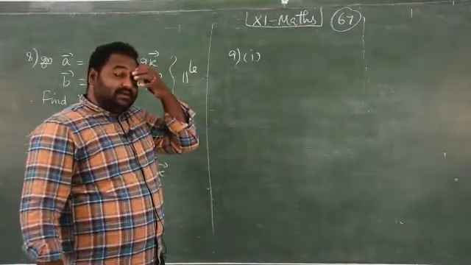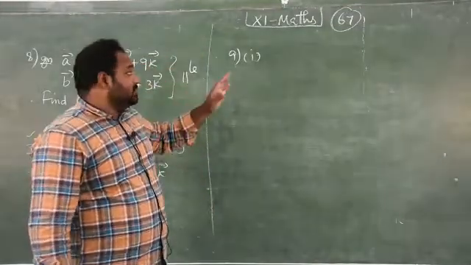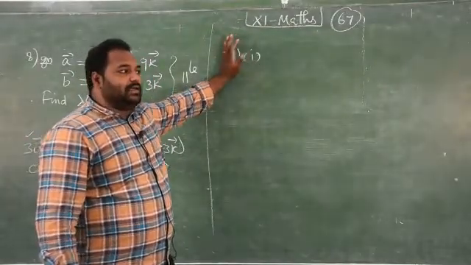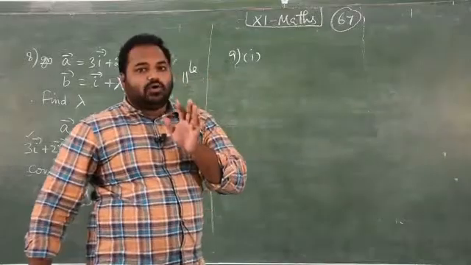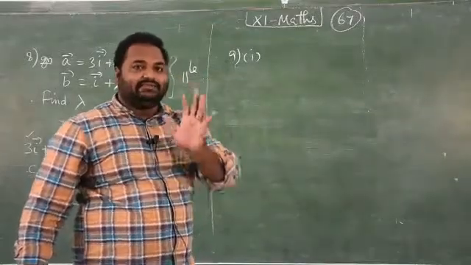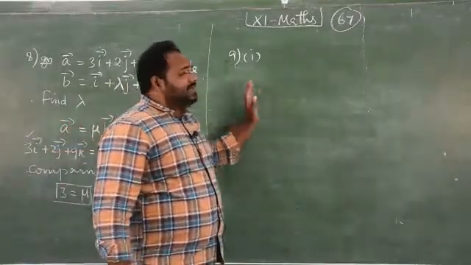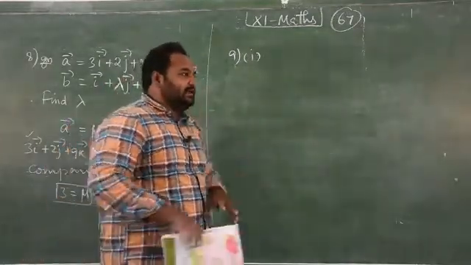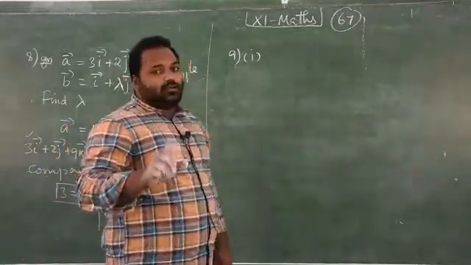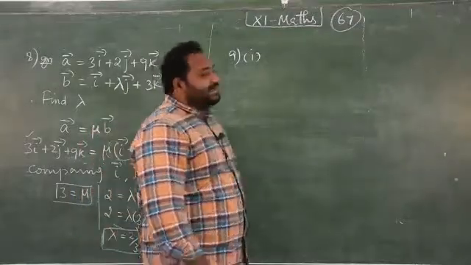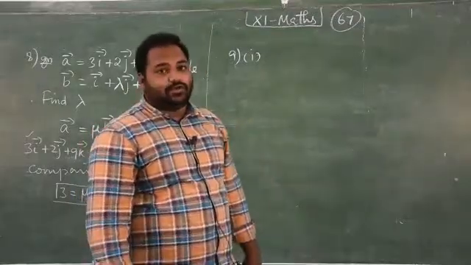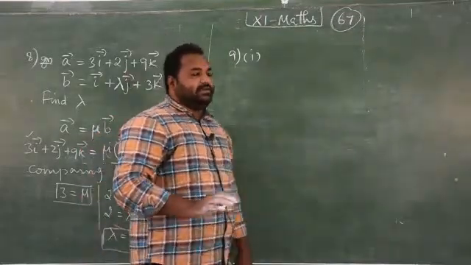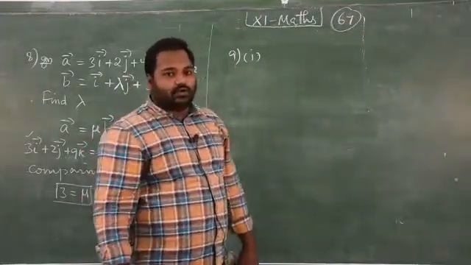We have many ways to prove coplanarity. Coplanar means two or more vectors lying in the same plane or surface. Here three vectors are given, and I am going to prove they are coplanar. If the determinant value is equal to 0, the vectors are coplanar.